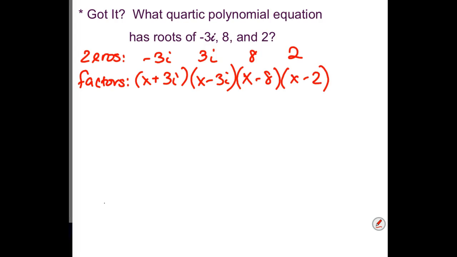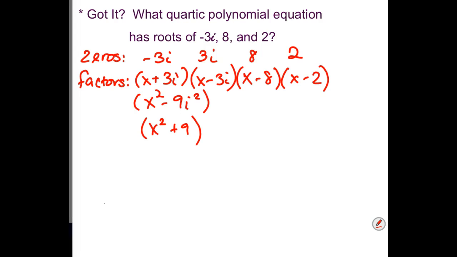Now this one gets a little more involved, but again, put your conjugates together. So x plus 3i and x minus 3i turns into what? X squared minus 9i squared, which really means x squared plus 9.